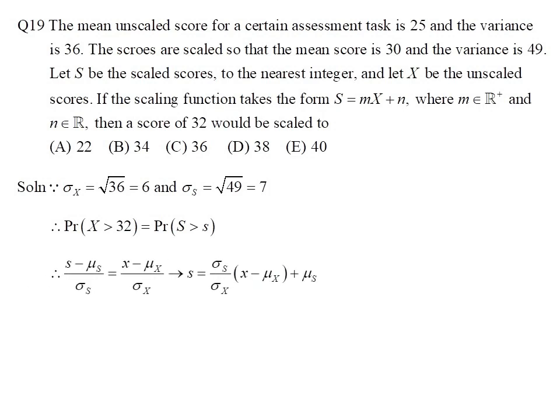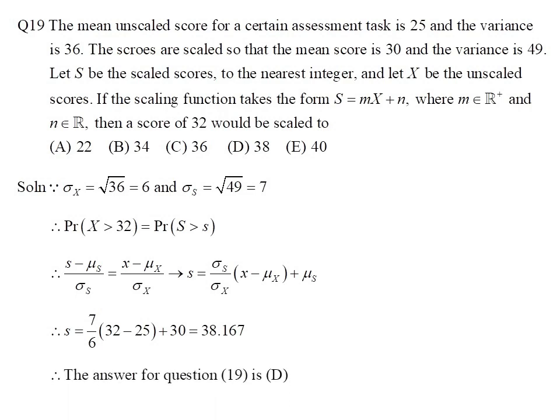Because (s minus mu S) all over sigma S equals (x minus mu X) all over sigma X, which gives S equals 7 over 6 multiplied by (X minus 25) all in parentheses plus 30. It follows that S equals 38.167. Hence, the answer for question 19 is D.